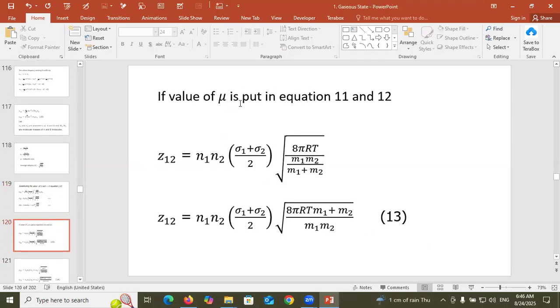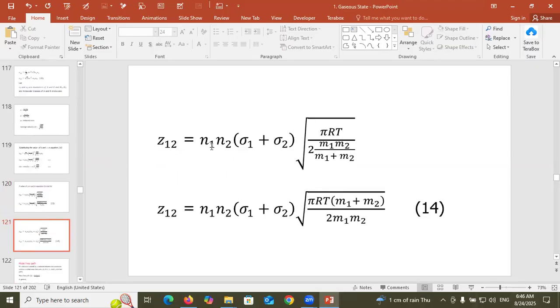If the value of mu is put in equations 11 and 12, Z12 equals n1 n2 ((sigma 1 plus sigma 2) over 2) squared root of 8RT (M1 plus M2) over M1 M2. So Z12 equals n1 n2 (sigma 1 plus sigma 2) squared root of pi RT (M1 plus M2) over 2 M1 M2.